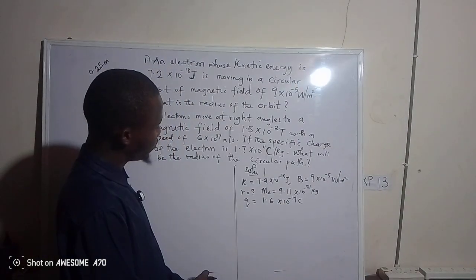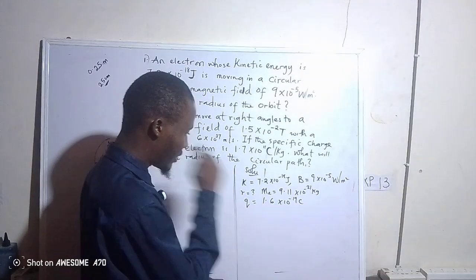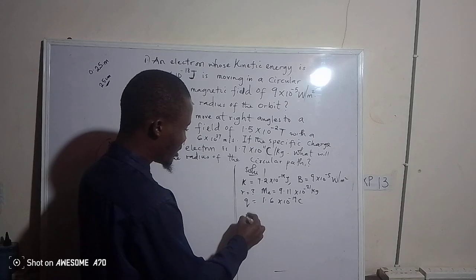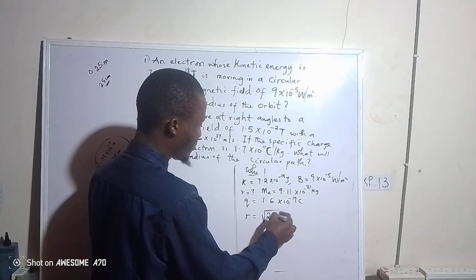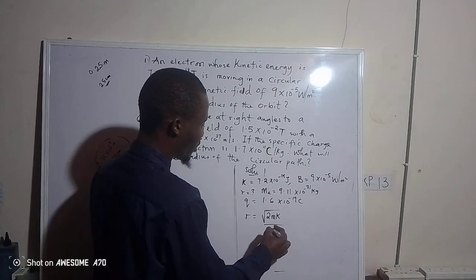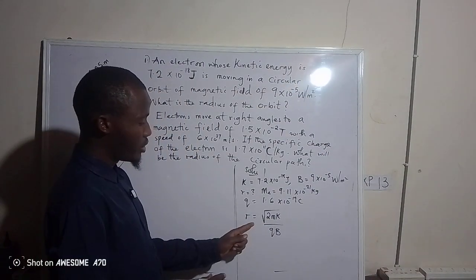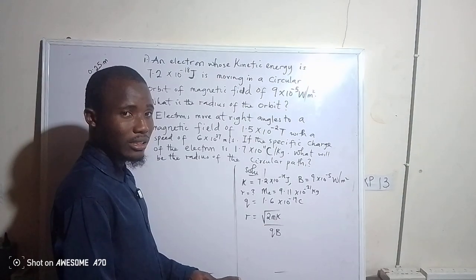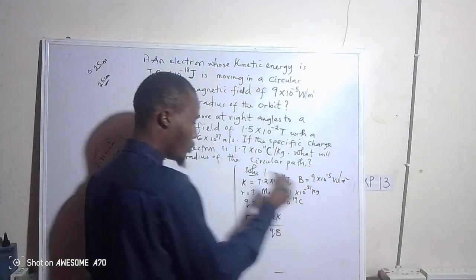So how do we plug it in to get the value of R here? Now recall that we've established earlier that in a magnetic field, the radius is given by the square root of 2mK over qB. This is the formula to use. If you want to understand how this formula is derived, check our previous video on the cyclotron formula. Then we plug in the values.